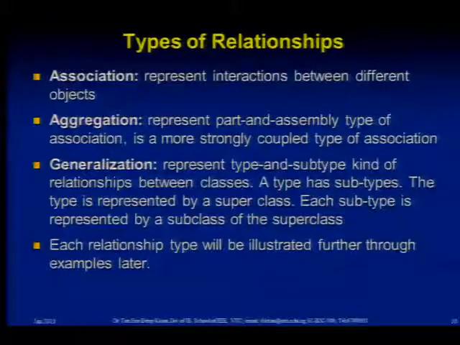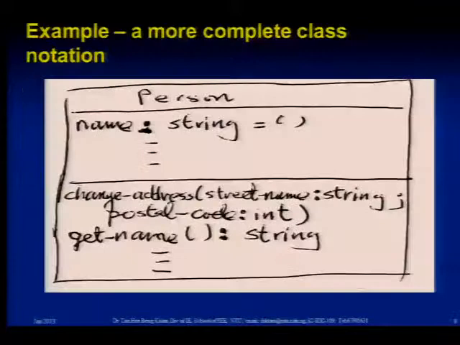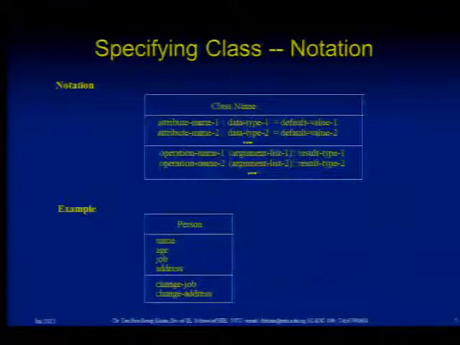First, last week I have already shown you how to define a class, right? This is the way to define a class. We can define quite a lot of detail by giving data type for attributes, default value, etc. For tasks, an operation is used to define a task. For each task, we can also define a lot of information, things like argument types, argument lists, and result type.